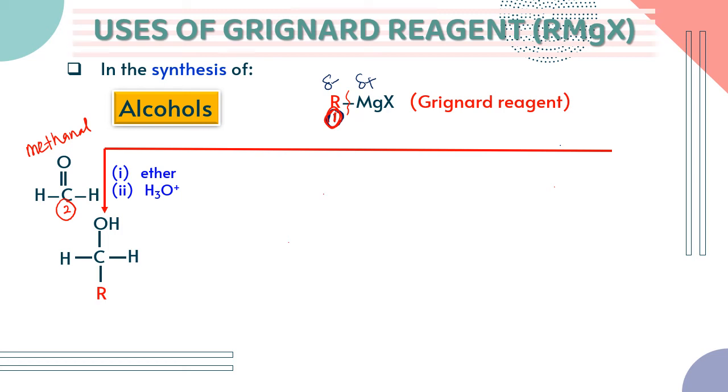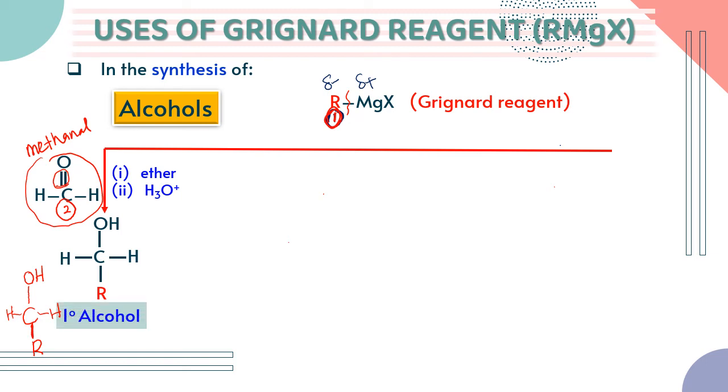From the methanal, you draw H and H, and the carbon double bond O, remove one bond and leave it as OH. At this carbon, it will be bonded to the alkyl group from the Grignard reagent, whatever alkyl group you have. So over here, you will certainly get a primary alcohol.